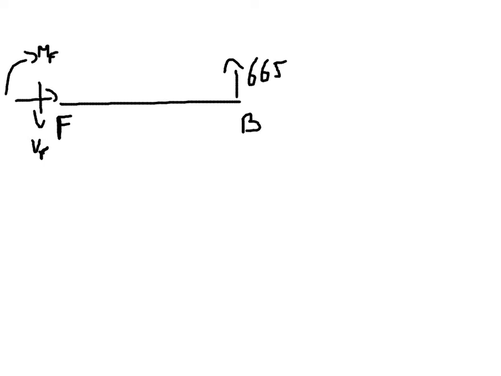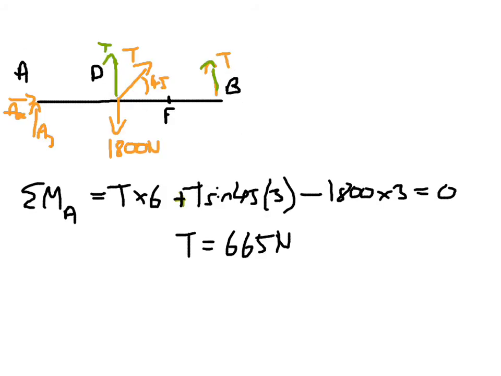So FB, we've got a tension we worked out as 665 newtons. We've got a shear force VF, we've got a moment MF, and we've got a normal force NF. We've also got a distributed load acting. Now, we worked it out for the whole beam earlier, so for the whole beam earlier it was 1800 newtons acting bang in the middle.